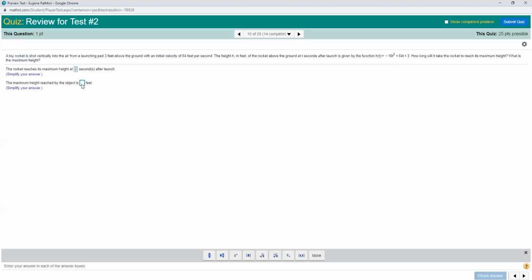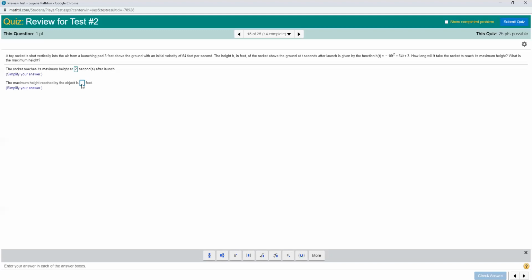So that's pretty quick. Now to find the height it reaches, I got to find the h of t, which will be h of 2, which will equal negative 16 times 2 squared plus 64 times 2 plus 3. All right, so here we go. Let me clear that. Negative 16 times 2 squared plus 64 times 2 plus 3.